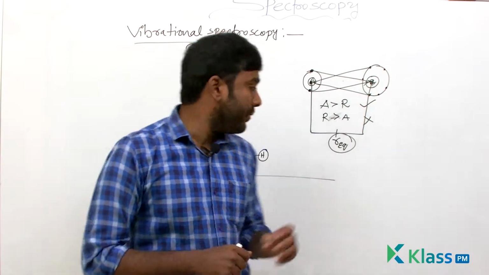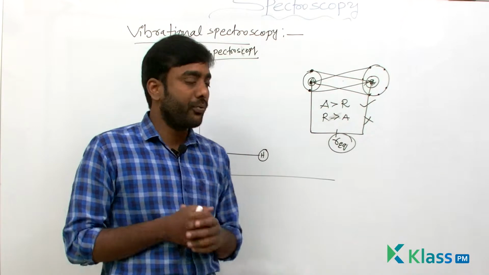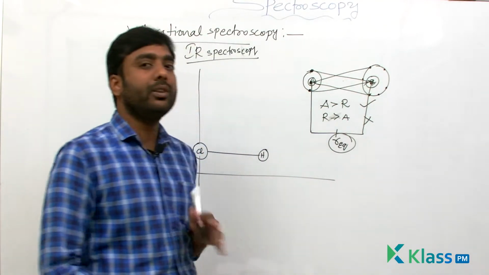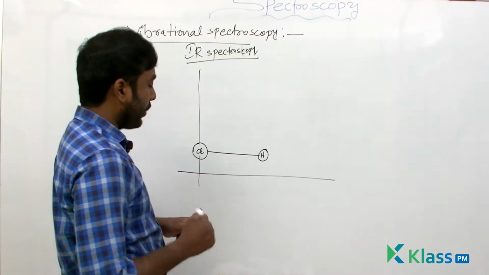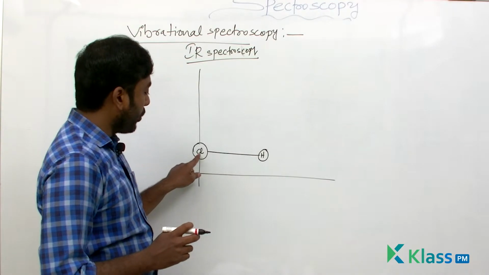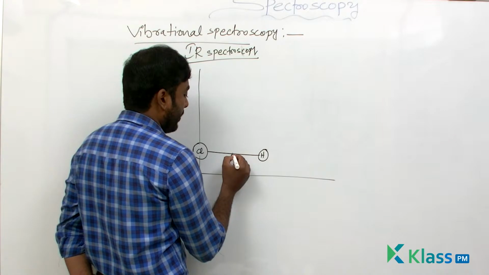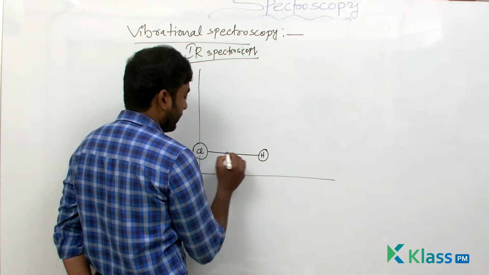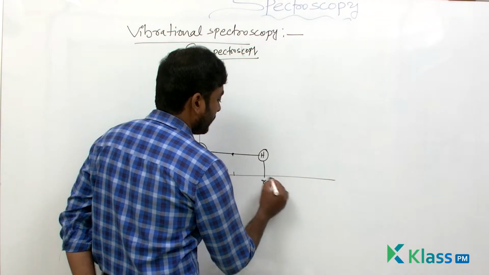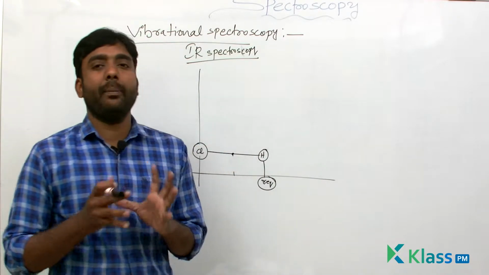With this knowledge of attraction and repulsion forces and equilibrium distance, we'll try to understand how these vibrations are caused. Look here. I have taken the HCl molecule, and the chlorine and hydrogen are at a particular equilibrium distance, R equilibrium.